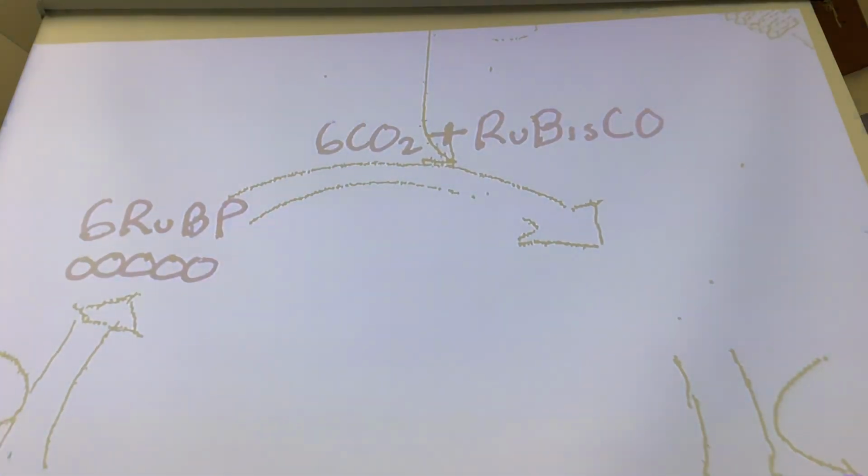RuBP has 5 carbons, so in order to note that, I'm going to do 1, 2, 3, 4, 5 circles. And it has 2 phosphate groups on it. So at the beginning, I'm going to do a phosphate group, and at the end, I'm going to attach a phosphate group.